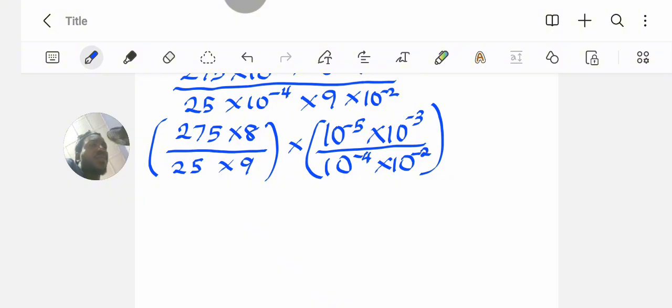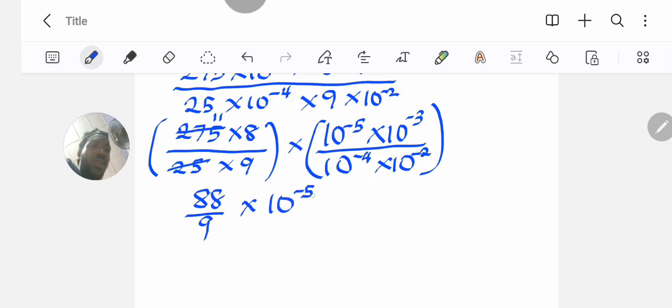Okay, so 25 can go into 275 perfectly. It gives 11. So we are left with 88 over 9 times, we have 10 raised to the power of minus 5 minus 3, over 10 raised to the power of minus 4 minus 2.